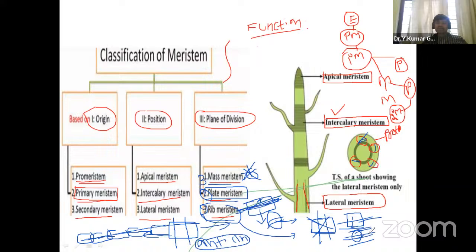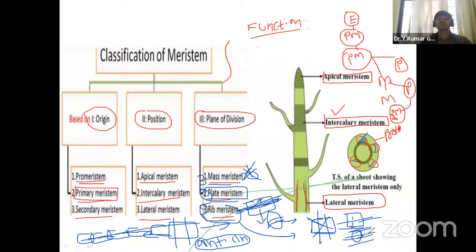The cortex is divided into hypodermis, normal cortex, and endodermis. They are part of the cortex, and it is not a single uniseriate layer but multi-layered, formed with the help of rib division. Some part of the stele is also formed by rib division.